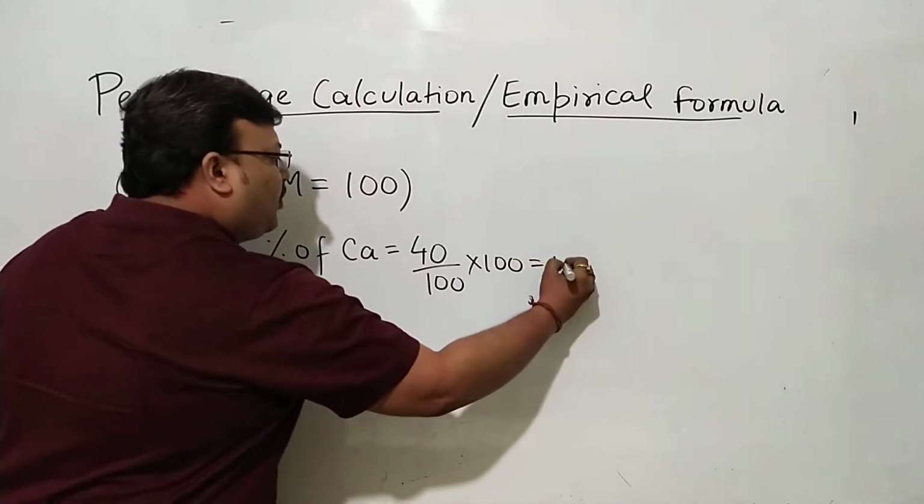So in a compound like calcium carbonate, where the molecular weight is 100, which is the sum of calcium 40, carbon 12 and oxygen 48 units, 40, 12 and 48 would add up to 100. Now if I have to find percentage of calcium, naturally it would be 40 out of 100 into 100, which will be 40%.